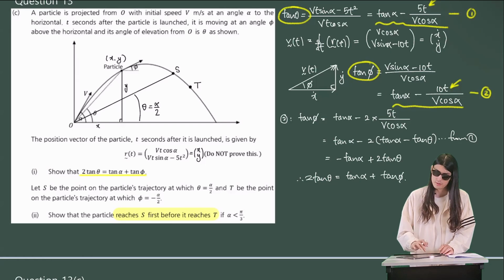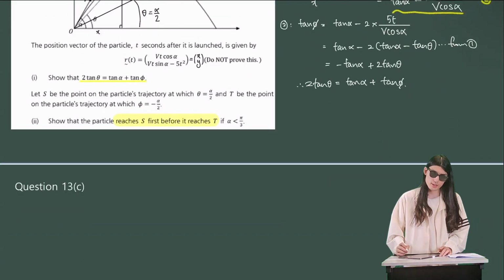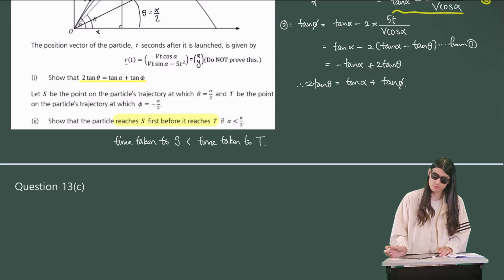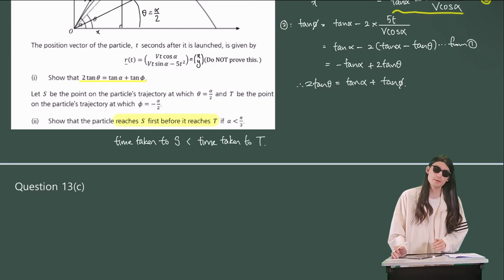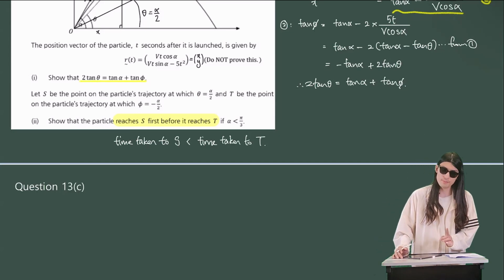Okay? To me, that's an indication that time taken to S is less than time taken to T. So what I'm going to do is I'm going to begin by finding the time taken to reach point S and reach point T respectively.